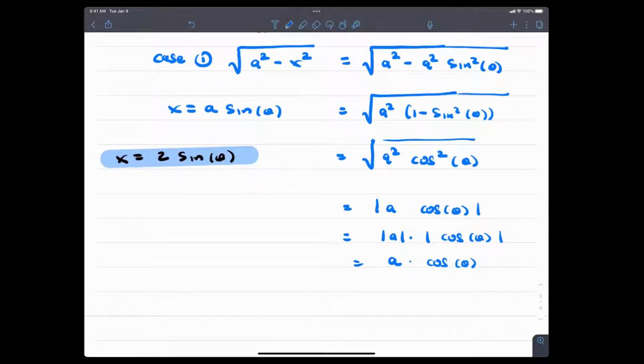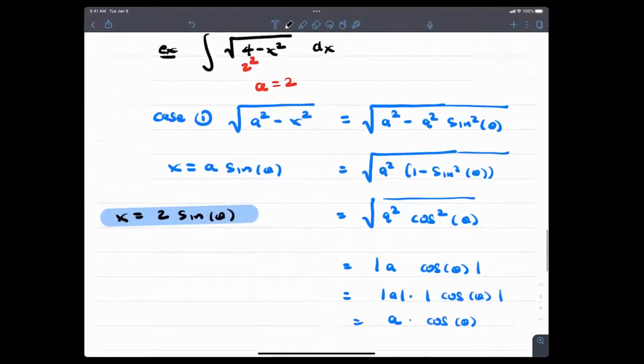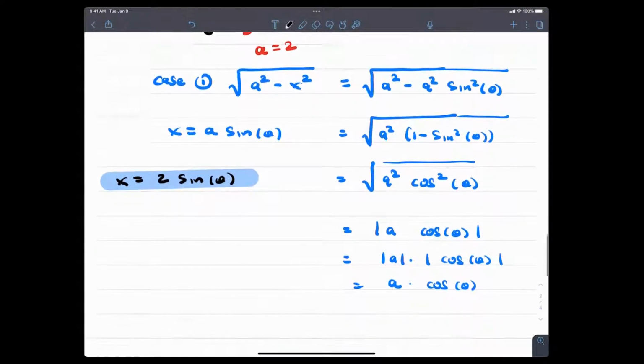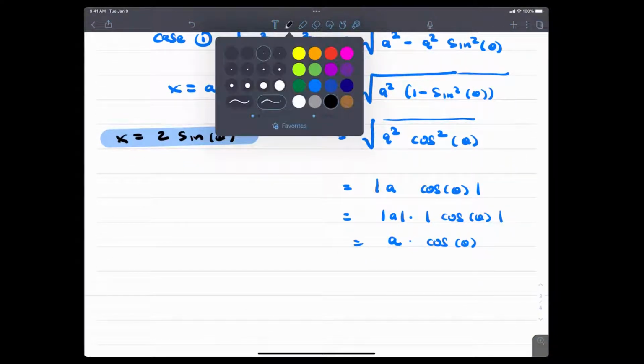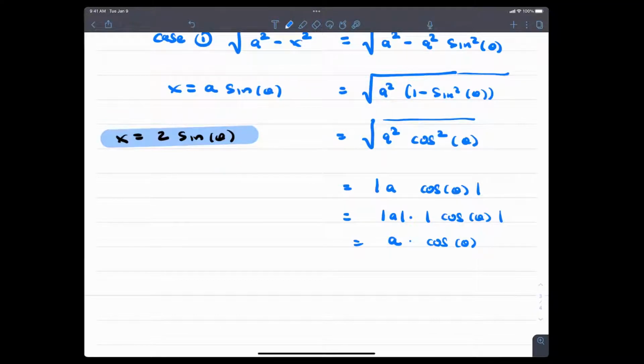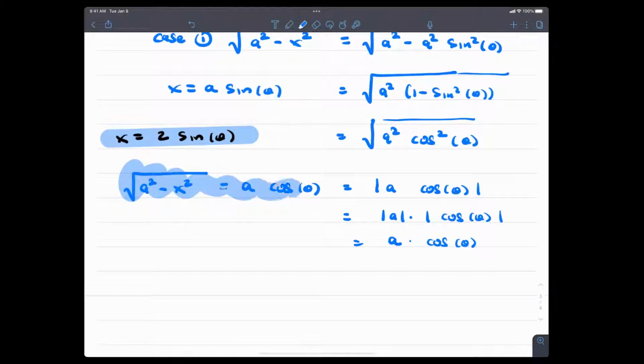So here's what some books say. Some books will do this. When they say use this substitution, x is a sine theta, what they'll do is this. They'll say, okay, then replace your radical, the a squared minus x squared form in general, with a what? Cosine theta. So some books will actually just say use this as well, automatically.